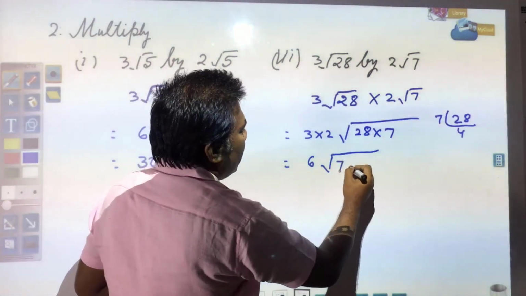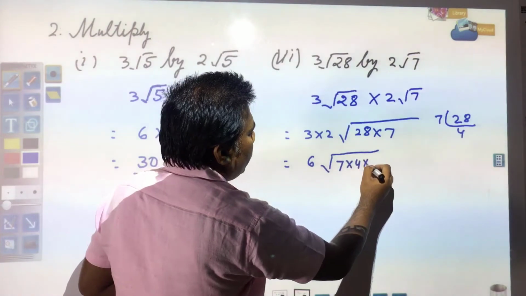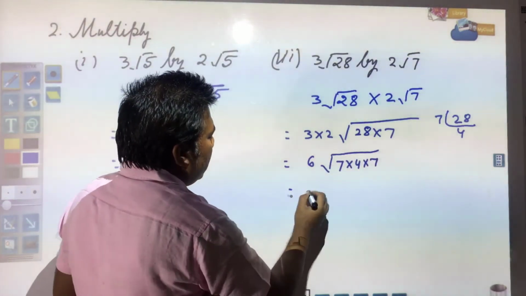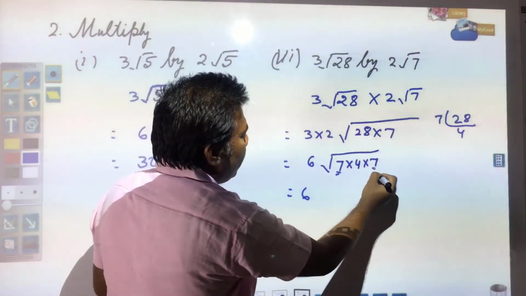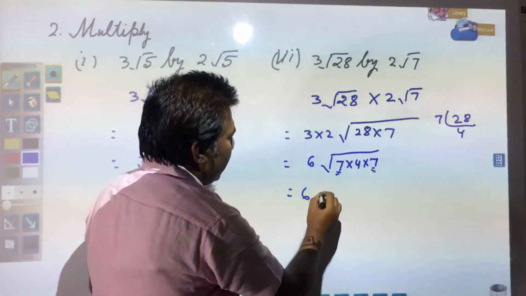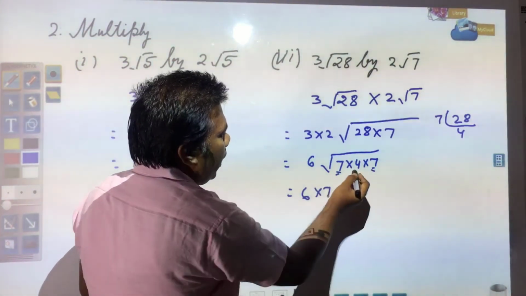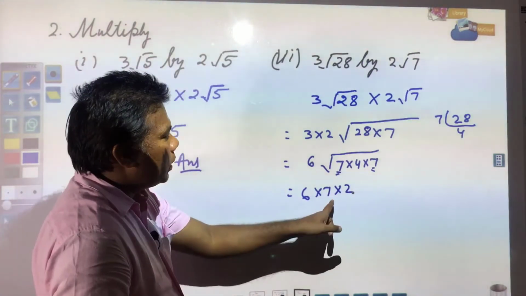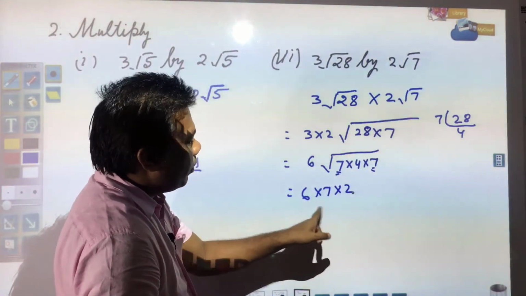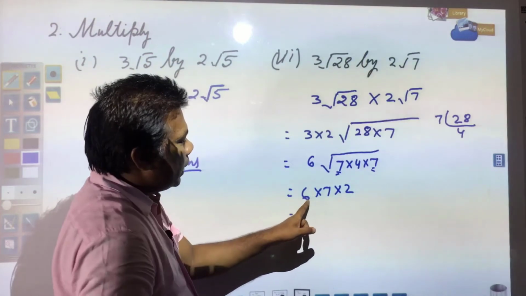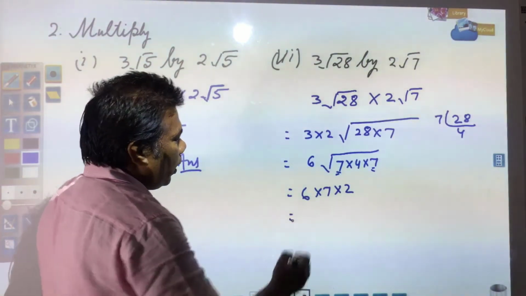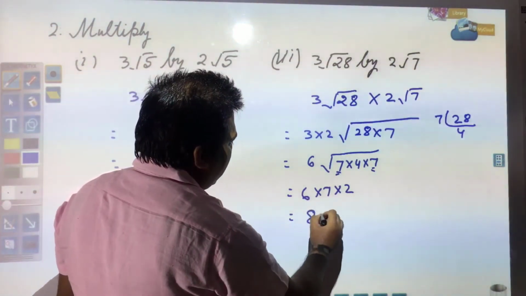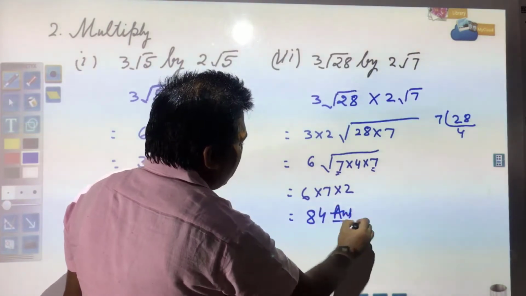So, 7 into 4 into 7. You see 7 and 7, one pair is forming. So, 7 can be taken out, and root 4 is equal to 2. Now, you multiply this: 6 into 7 is 42, and 42 into 2 is 84, and this will be your answer.